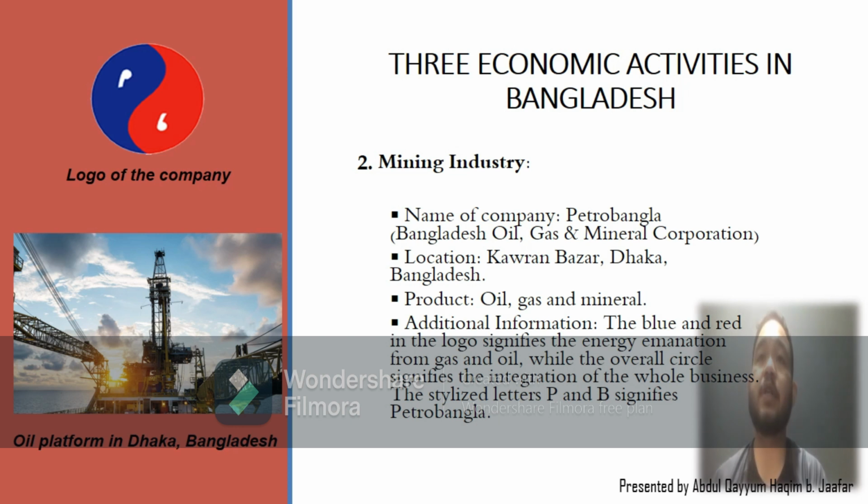Additional information: the blue and red in the logo signify the energy emanating from gas and oil, while the overall circle signifies the integration of the whole business. The stylized letters P and B signify Petro Bangla. You can see the logo of the company and an oil platform in Bangladesh.